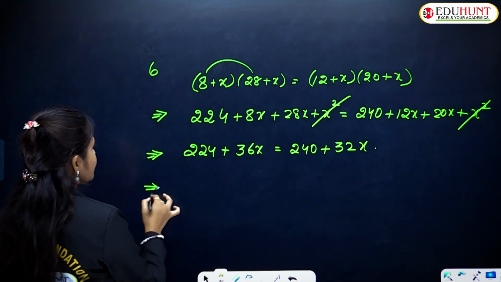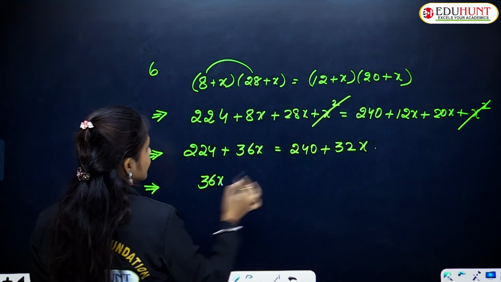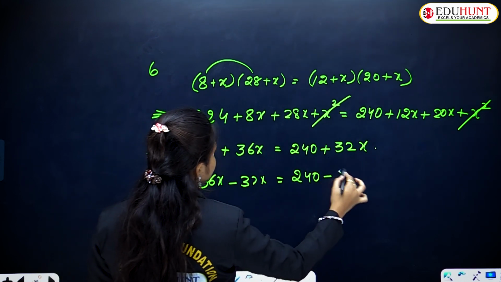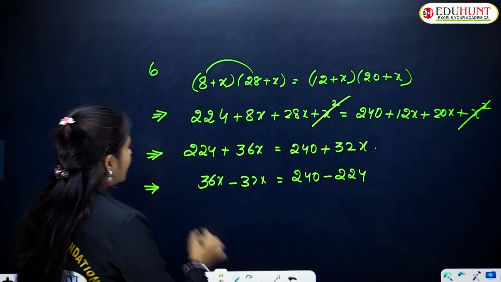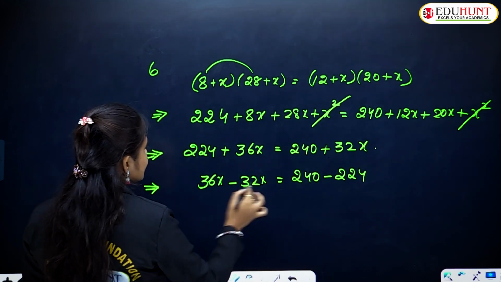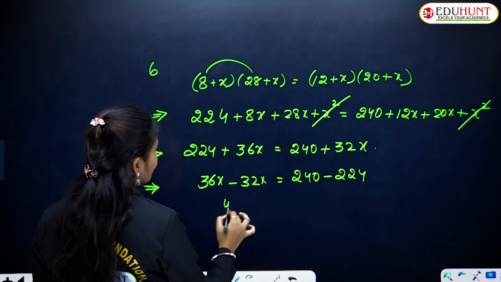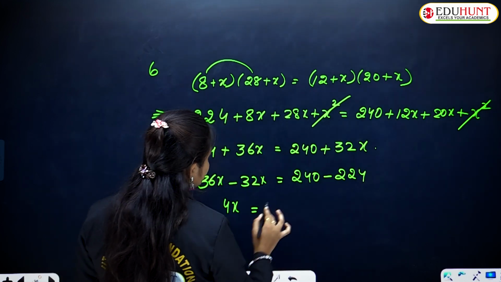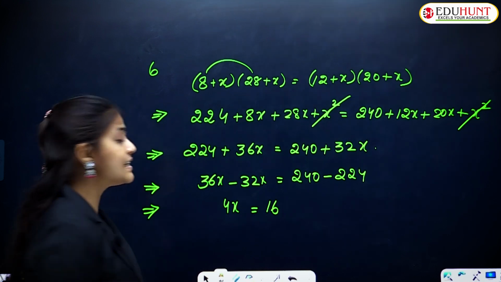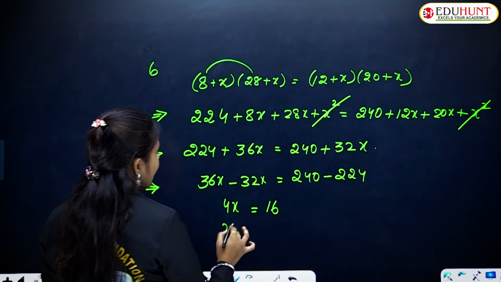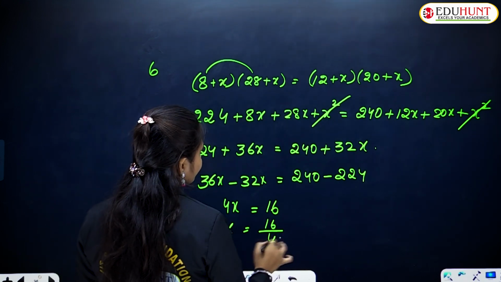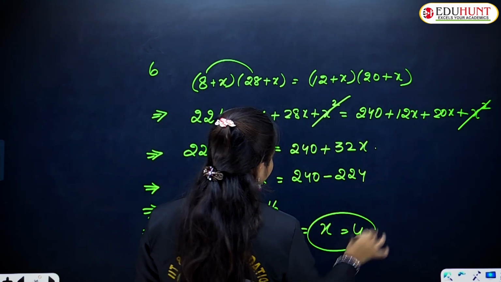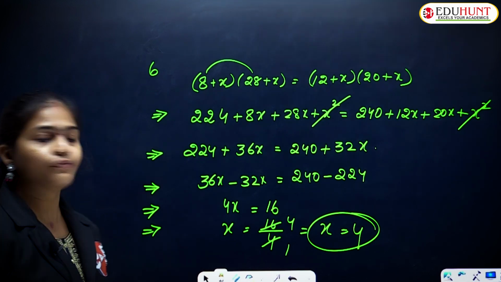Just transpose the terms here. 36x minus 32x equals 240 minus 224. So 4x equals 16. From this, x is equal to 16 by 4, which is x equal to 4.